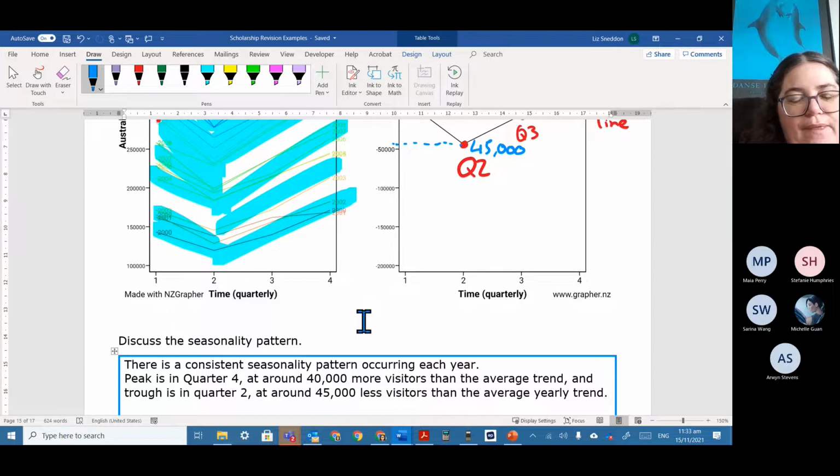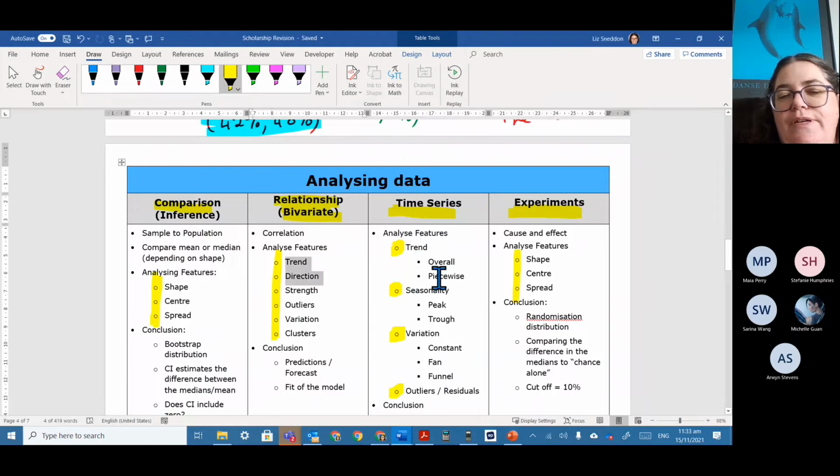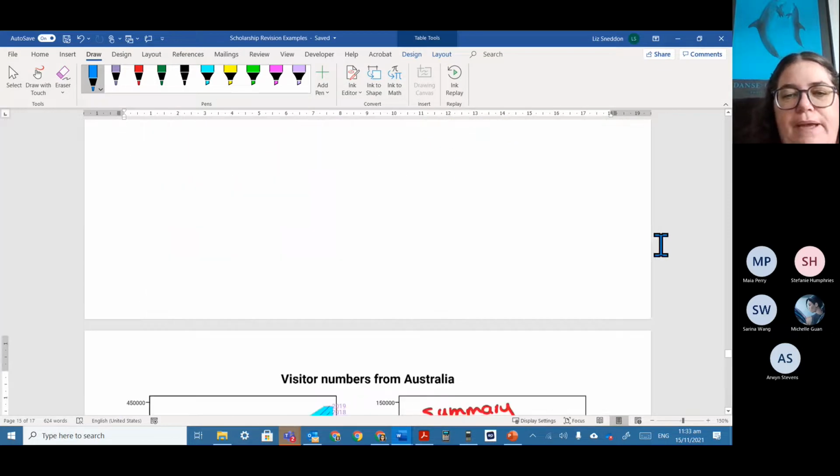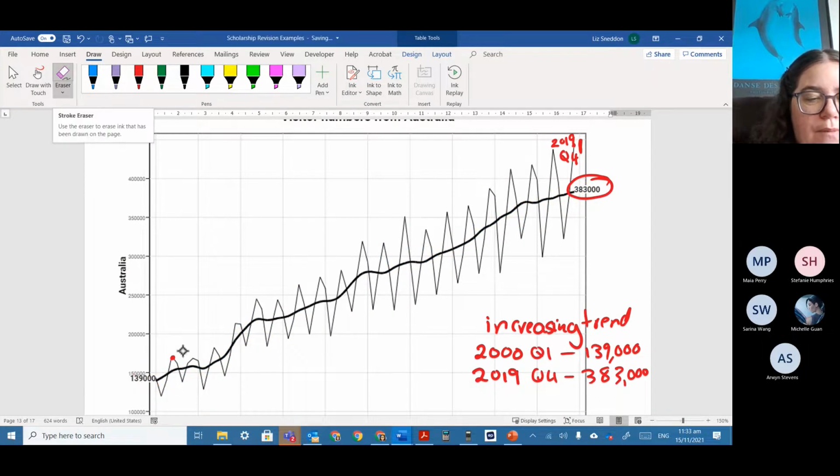Seasonality and trend. What's another pattern that we look for? So when we do that, we've done our trend, we've done our seasonality. Another one is that variation, looking at whether the variation is constant or whether we have that fan funnel effect going on. So if I am going to jump back up to this first graph here, I want to just take that off for a moment.